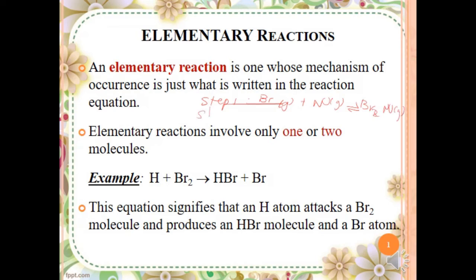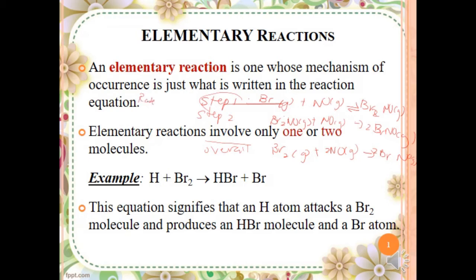Okay, then step 2, we have Br2NO gas and also NO gas to give 2 BrNO gas, and the overall we have Br2 and 2NO gas, 2 BrNO gas.